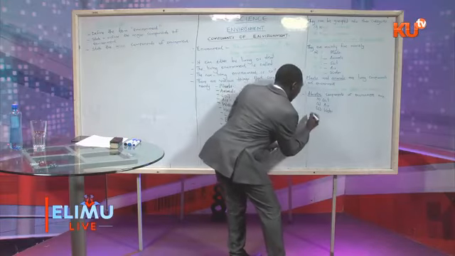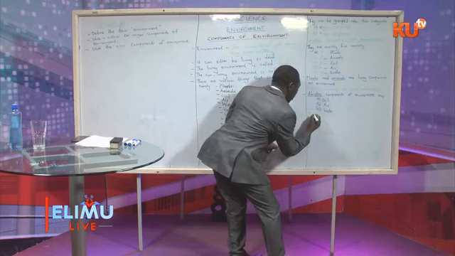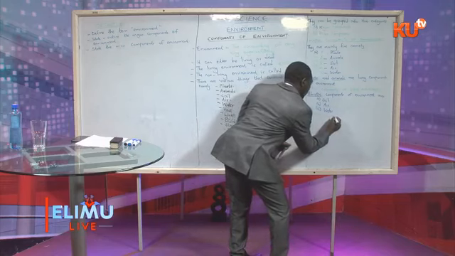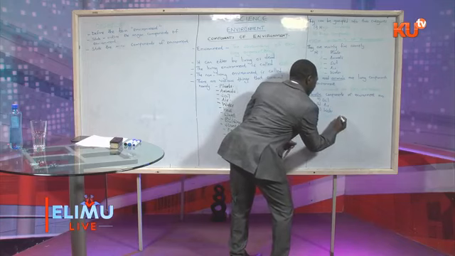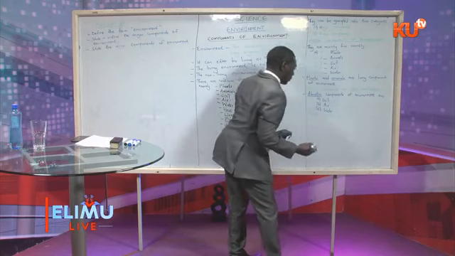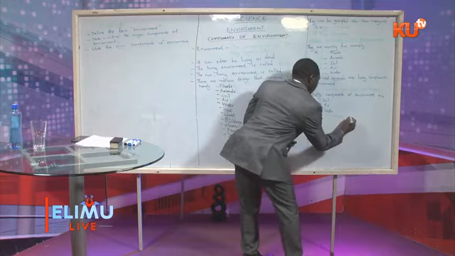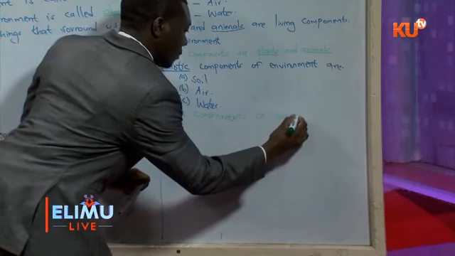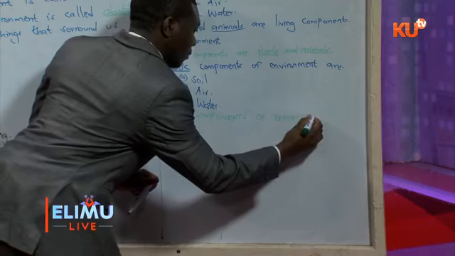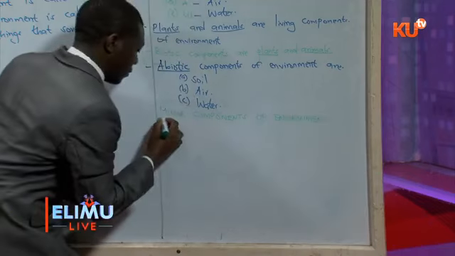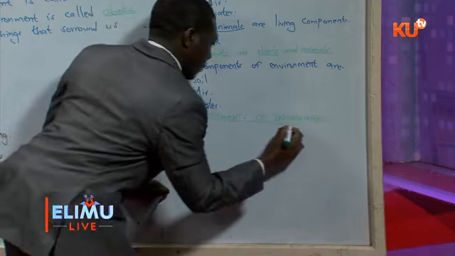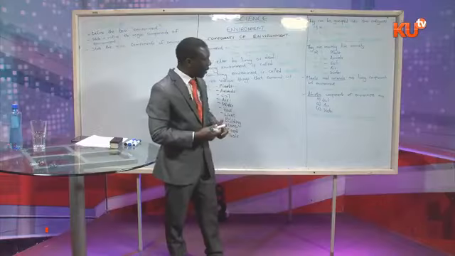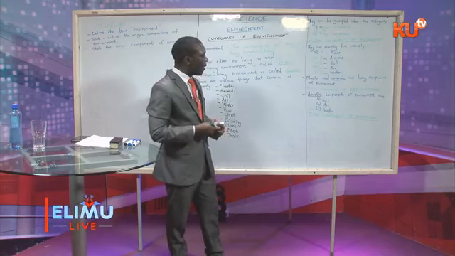So the second category, we have got the minor components of environment. Remember I said the word minor means a little. So I think we have made the work very simple.